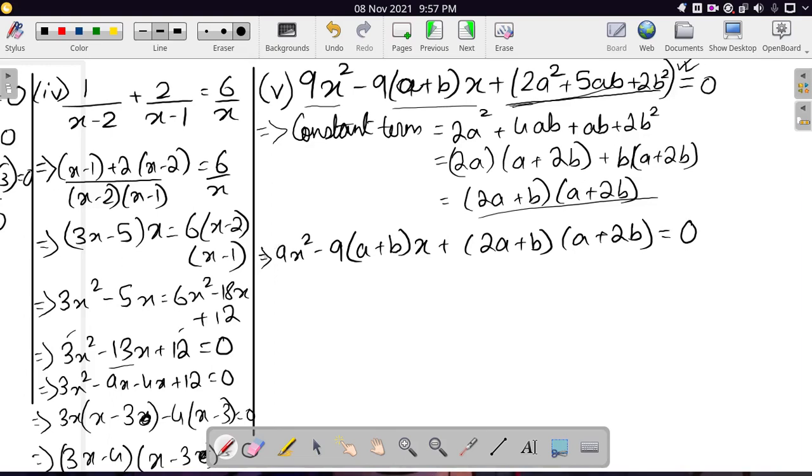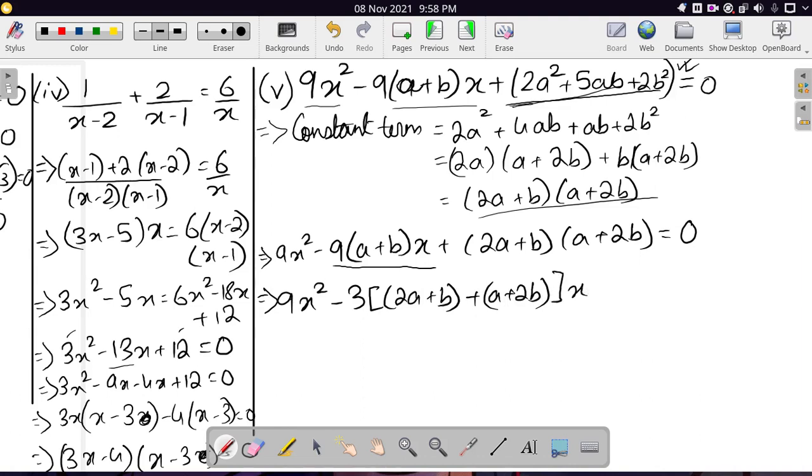Now we need to break this thing up, because this is a middle term, right? So we will write it as 9x² − 3(2a+b + a+2b)x. Okay, close the bracket, write x over here.